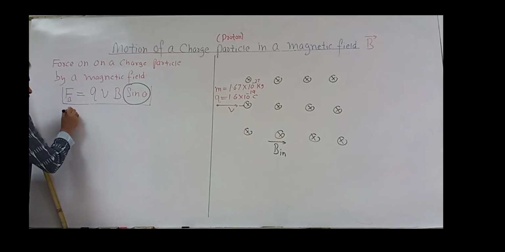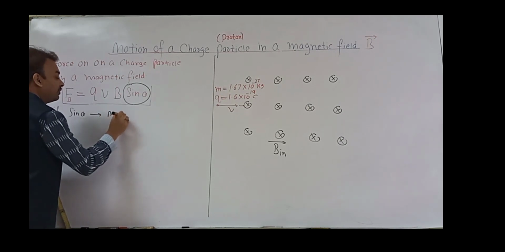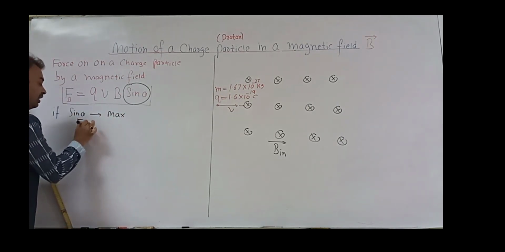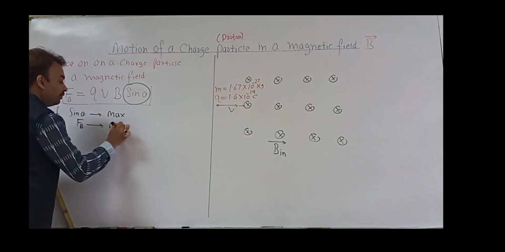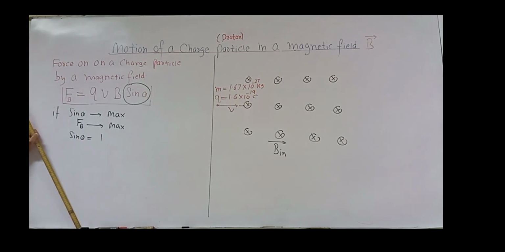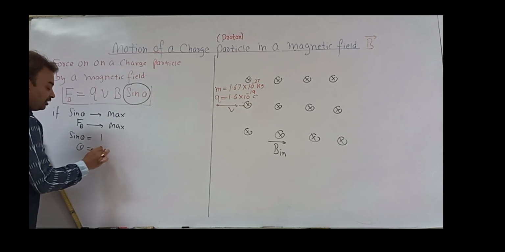So, if sine theta becomes maximum, in that case, FB will also become maximum. And the maximum value of sine theta is equal to 1. The maximum value of sine theta is 1 when theta is equal to 90 degrees, right?